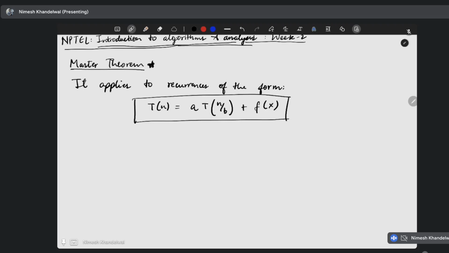We can write f of n also, because again we are talking about the runtime complexities here.